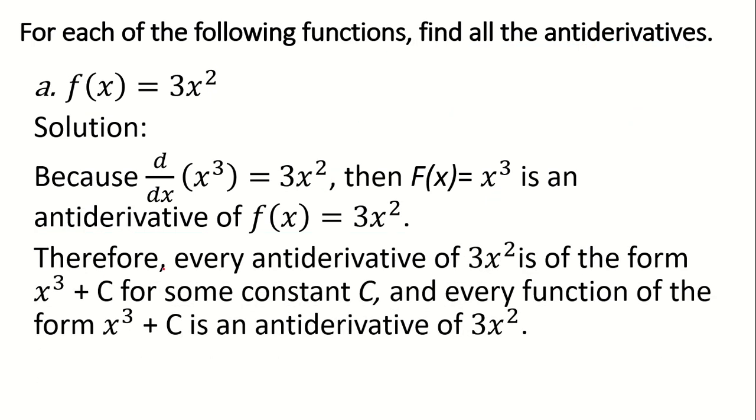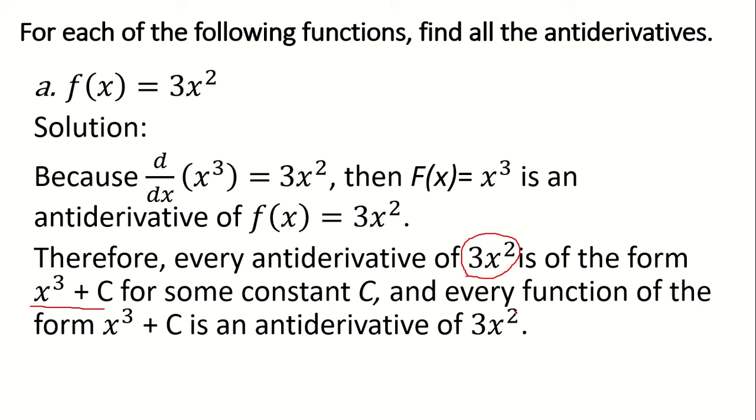Okay, so therefore, every antiderivative of 3x squared is of the form x cubed plus c for some constant c, and every function of the form x cubed plus c is an antiderivative of 3x squared. Okay? So lahat ng antiderivative of 3x squared ay of the form x cubed plus c.